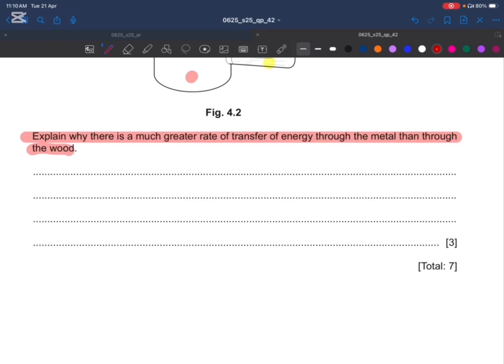In terms of metals, you can write a few lines. As I said, we are talking in terms of metals. First of all, metals are good conductors of heat.